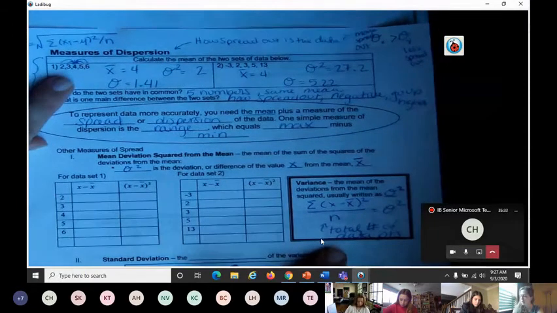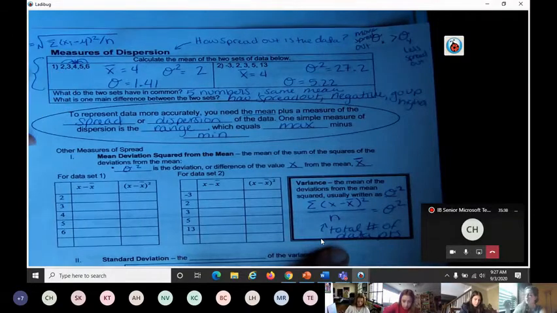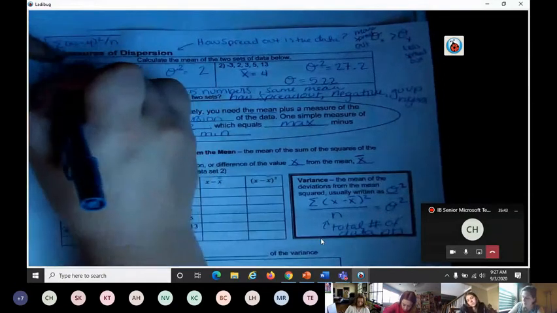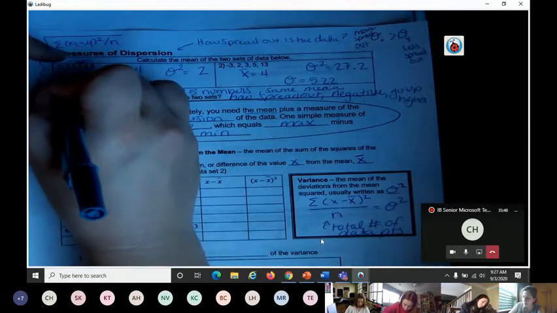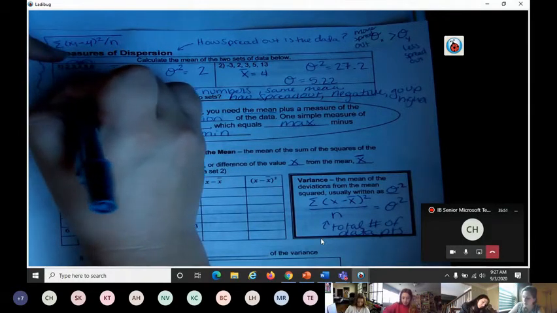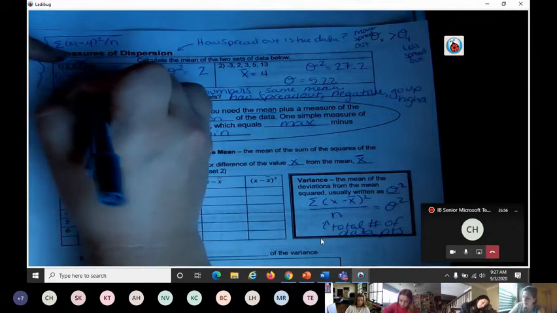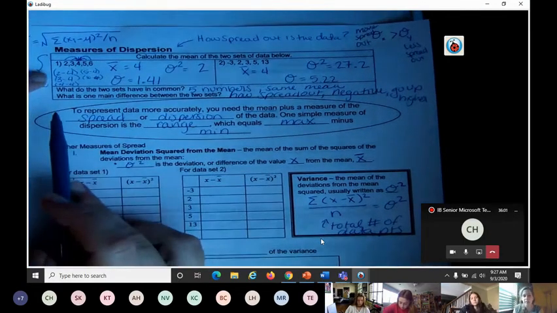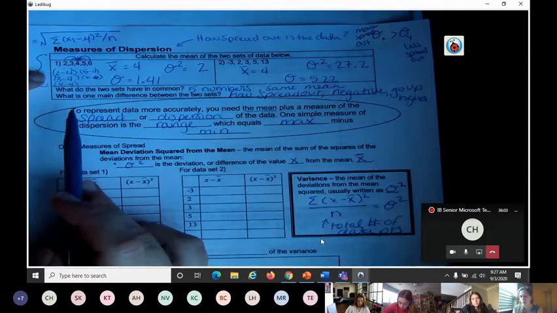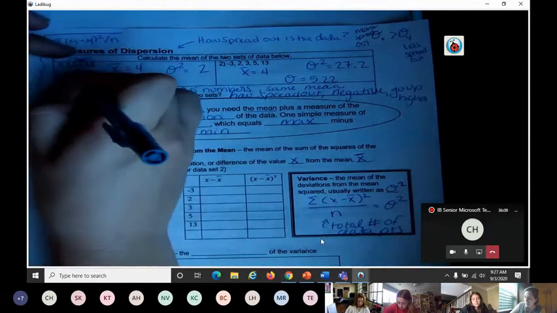So we could go back up here and take each of the individual values, so like 2 and subtract 4, 3 subtract 4, 4 subtract 4, 5 subtract 4, and 6 subtract 4. Okay, so that's the difference between every single one of the elements and the mean, which happened to be 4. We would square each of those.